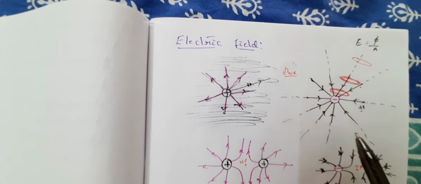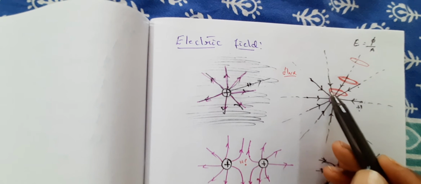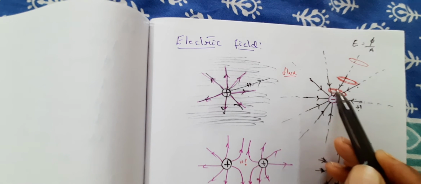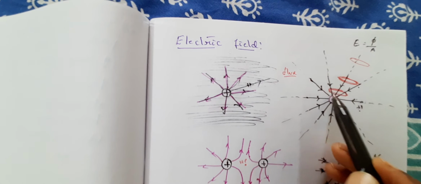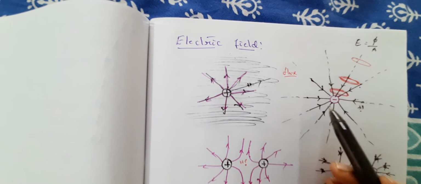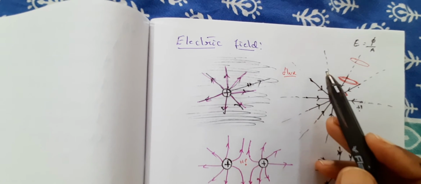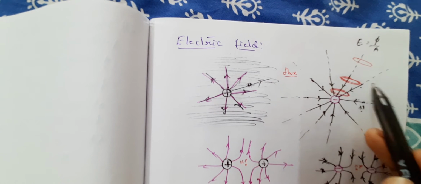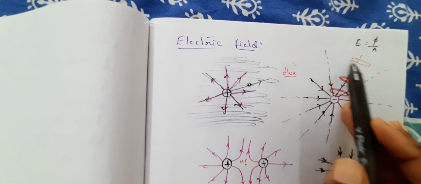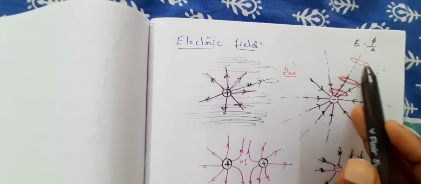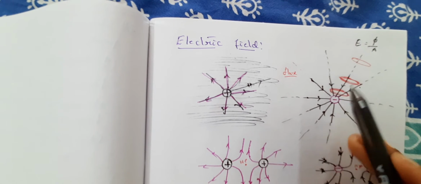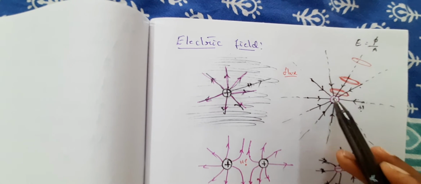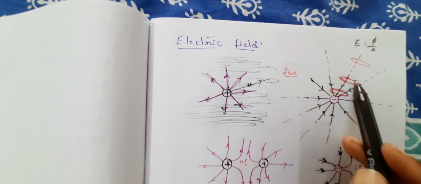Now, when it comes to distance, if you consider the same amount of area through which these lines of force are entering or leaving, you can see that the number of lines entering or leaving this area is different at different places.